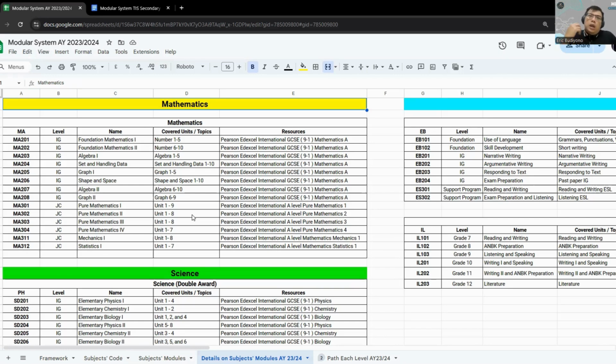You might ask why not involve the teachers and students from the very beginning. Well, our mindset is that we need to prepare the module first, and then we are able to explain it to the parents and the students just in case they have questions, to give them some idea how the modular learning system works.